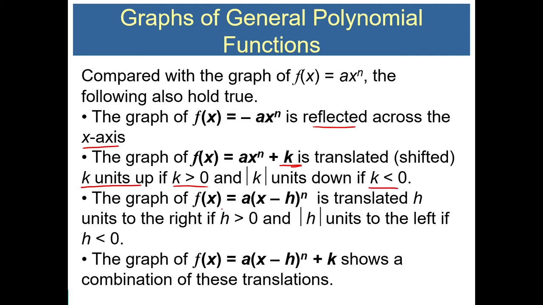The graph of f(x) = a(x - h)^n is translated h units to the right if h is positive, and h units to the left if h is negative. The graph of f(x) = a(x - h)^n + k shows a combination of these translations. Depending on h, it shifts left or right, and depending on k, it shifts up or down.